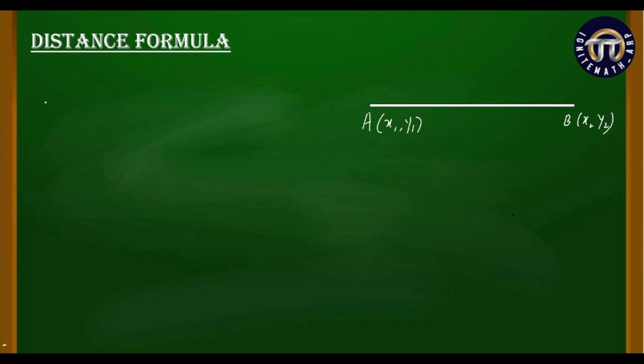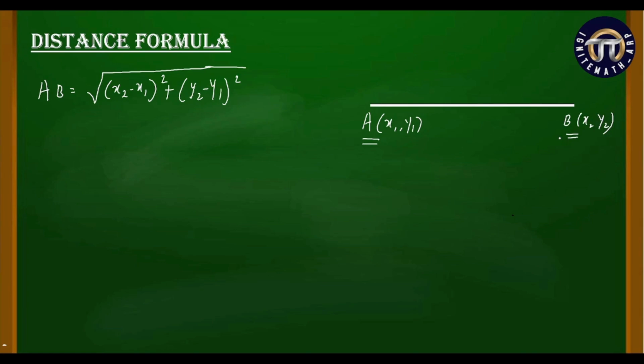So by distance formula, the length of the line AB is given by the square root of (x2 minus x1) the whole square plus (y2 minus y1) the whole square. Right. So I am finding the length of the line when the coordinates of the endpoints are known to me. Clear children?